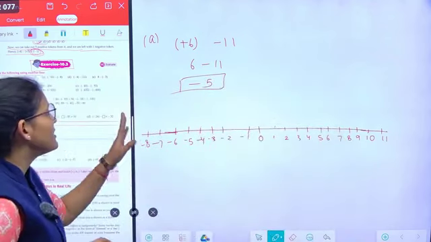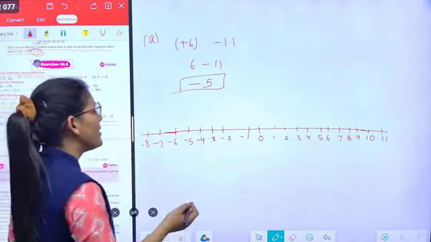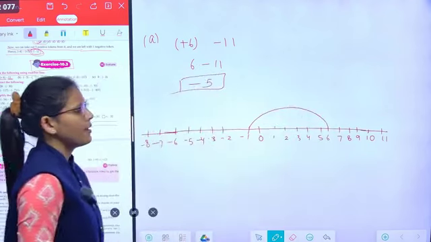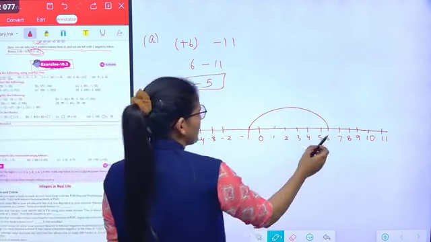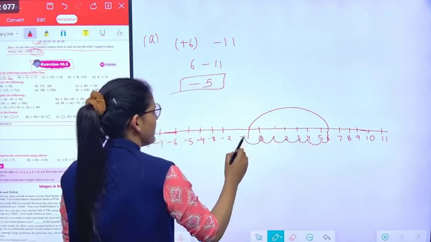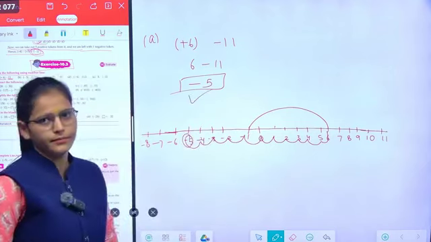Now class, minus 11 and plus 6. So class, we go to plus 6 first. Plus 6 minus 11. Now class, 1, 2, 3, 4, 5, 6, 7, 8, 9, 10, 11. That is minus 5. You can see here.